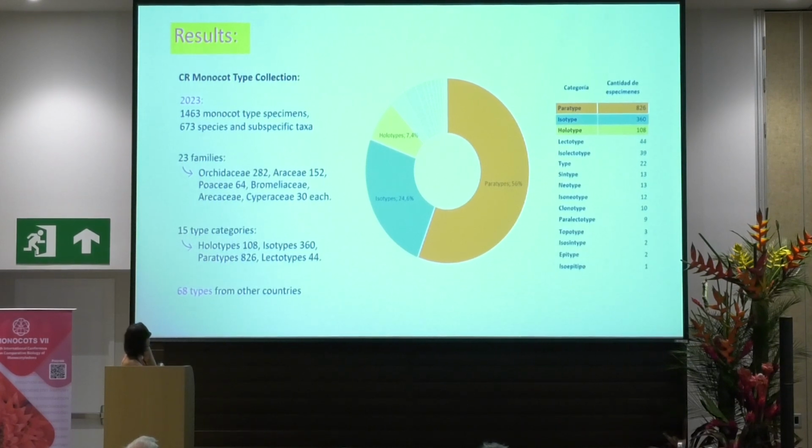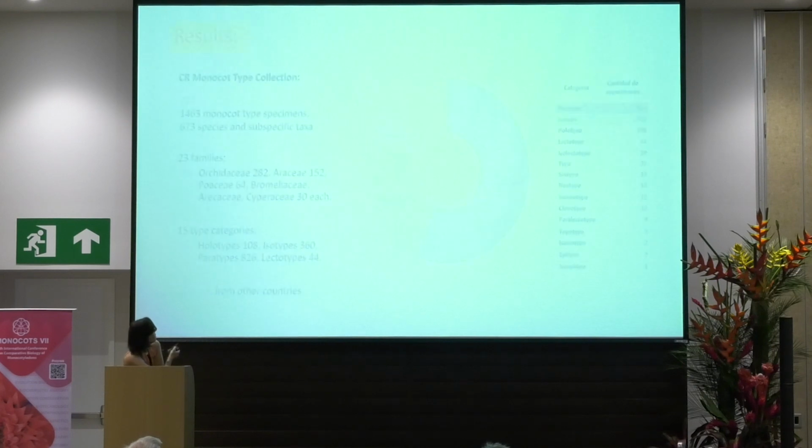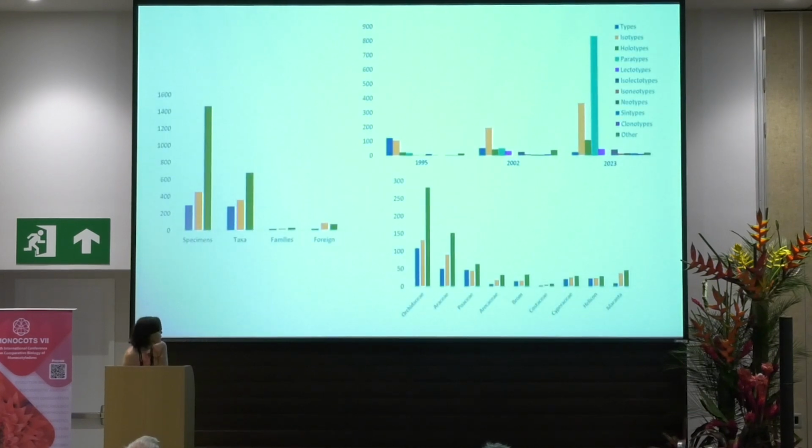Okay, what else? 68 types from other countries, which is not much. And this is just to show the differences between the different updates that have been done with the type collection in the herbarium, in 1995, in 2002, and now in 2023.